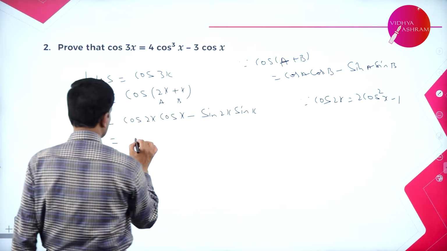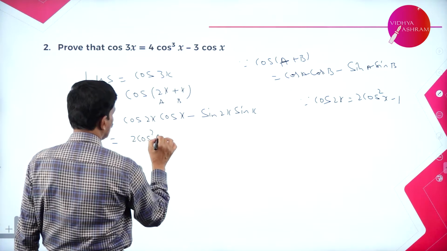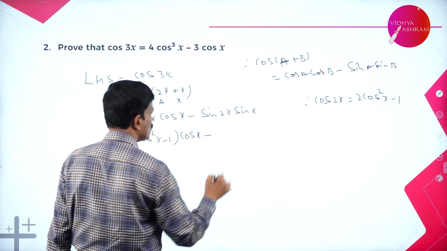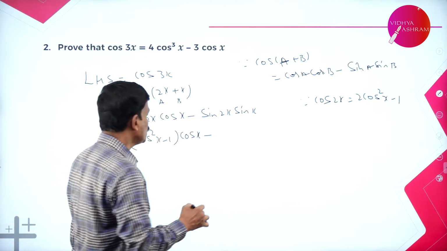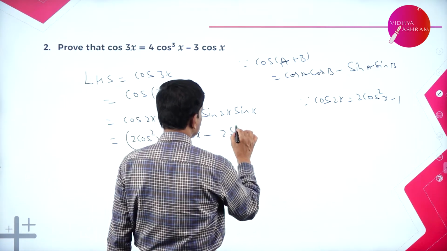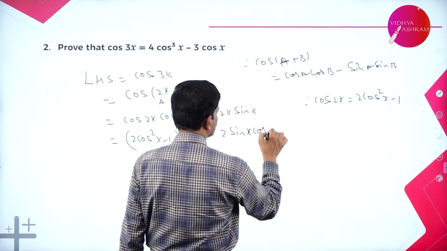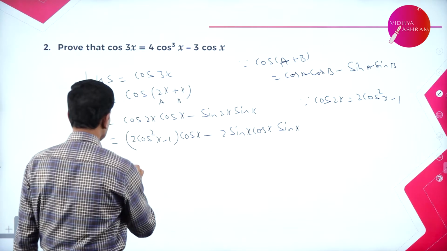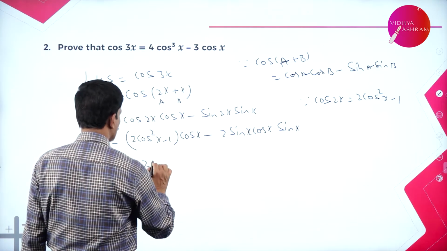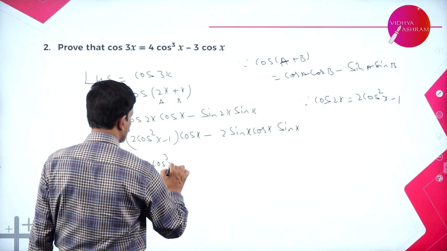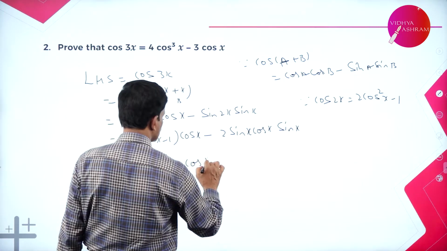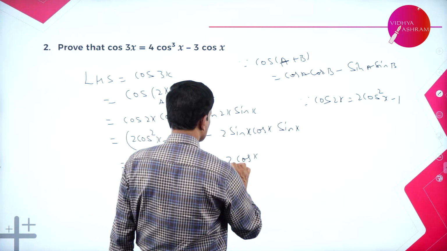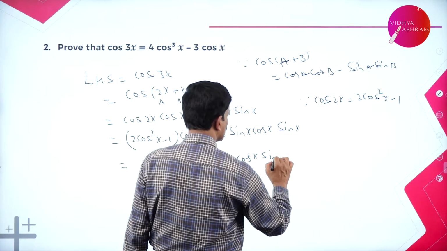So this cos 2x can be written as (2 cos square x minus 1) into cos x as it is, minus, for sin 2x we can write 2 sin x cos x into this sin x as it is. Now again this is 2 cos square into cos, which is 2 cos cube x, minus cos x, minus 2 cos x as it is. This sin into sin is sin square x.